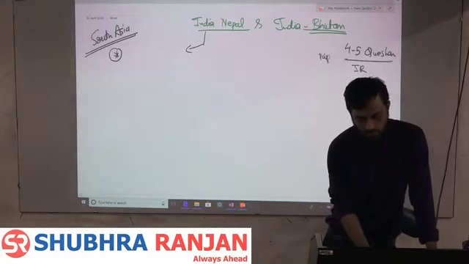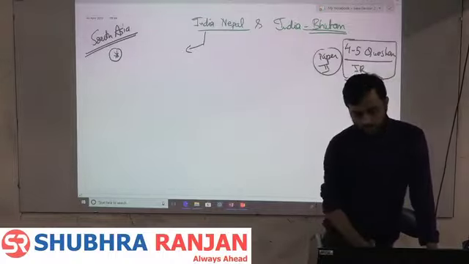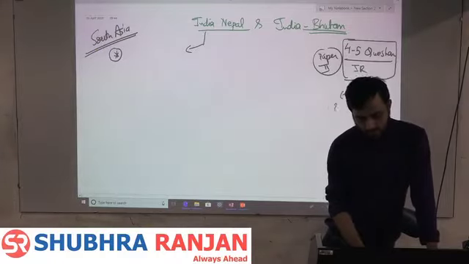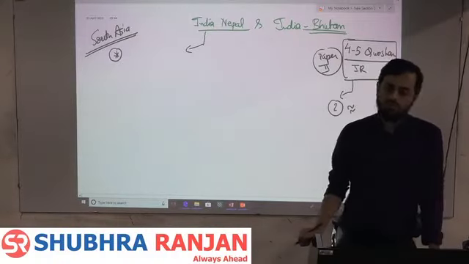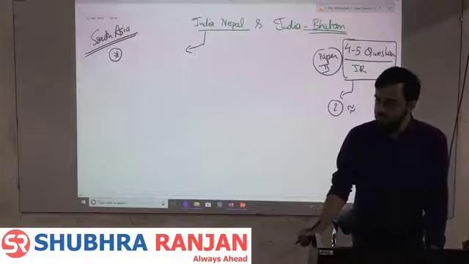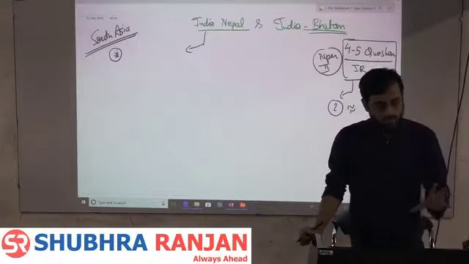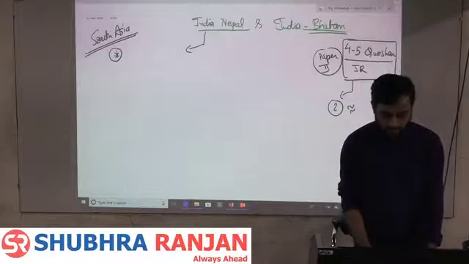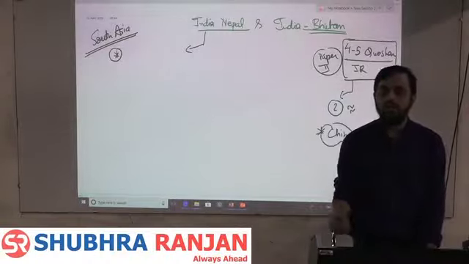Okay. And out of these 4 to 5 questions, at least roughly 2 questions will be from South Asia. It can be even more than this, even 3 or 4. And most questions in South Asia, when they come, there is often, directly or indirectly, a China angle.